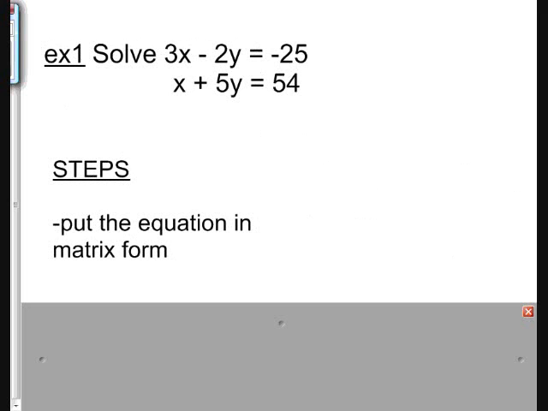Now we put the equations into a matrix. We'll notice we already have two equations, so that's like two rows. We have an x column, a y column, and then our equal column. So we can write this out as 3, negative 2, negative 25, and 1, 5, 54.